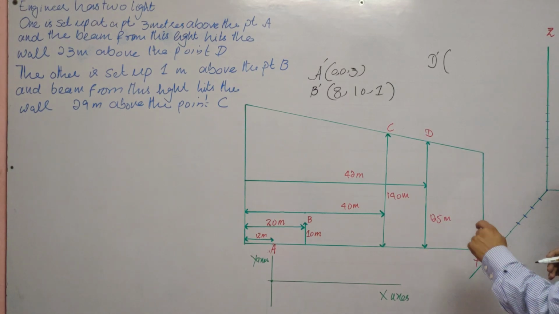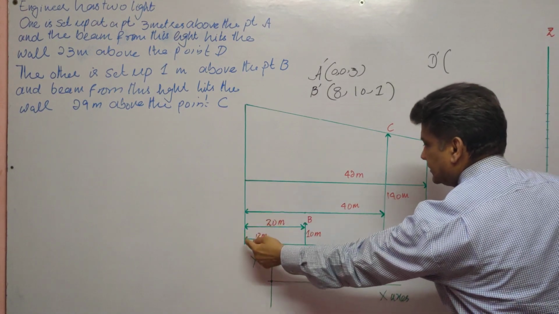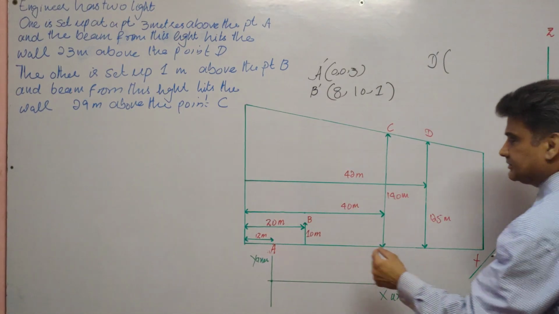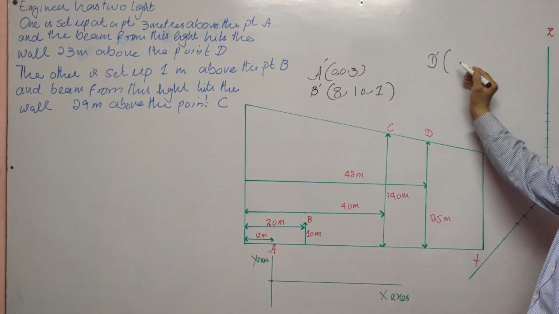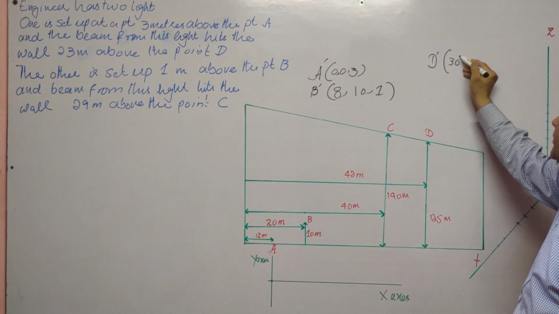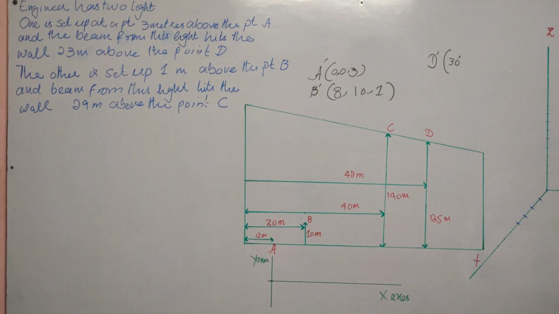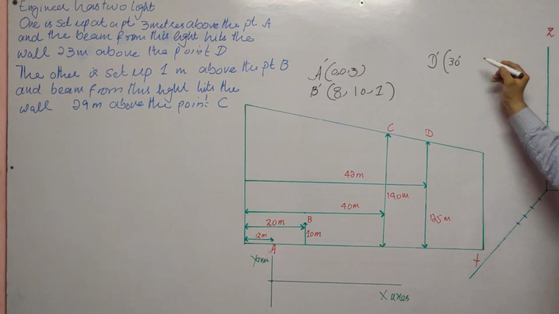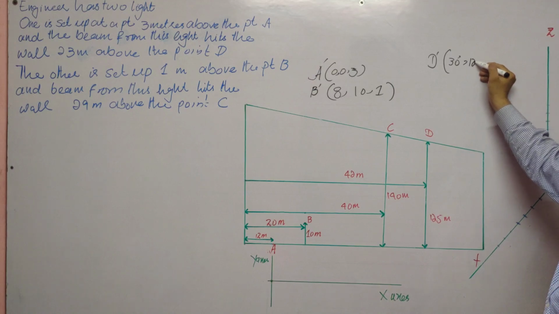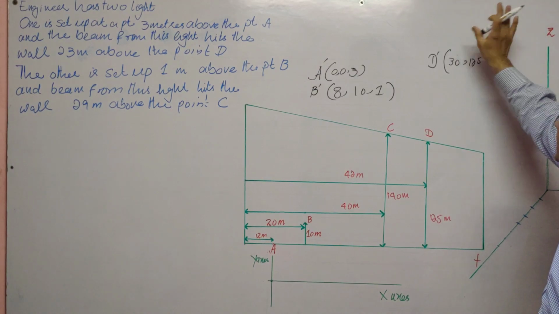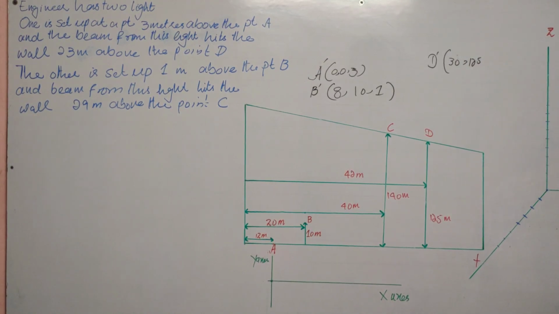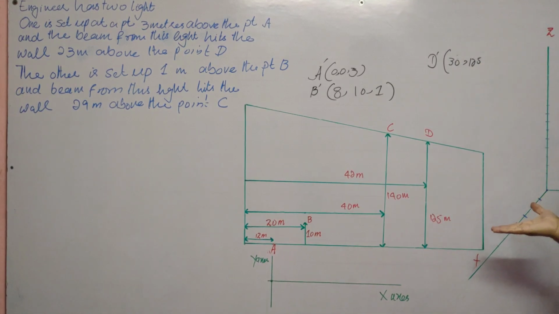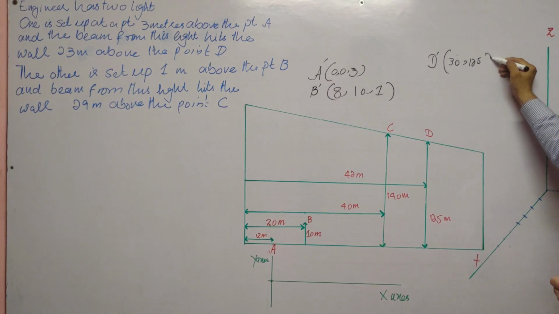The total distance from here to here is 42 meters, and when we subtract this 12, we get the value of x as 30 meters. Very simple. Along the y-axis, this distance will be 125, and point D prime is 23 meters above this plane, so the z value is 23.